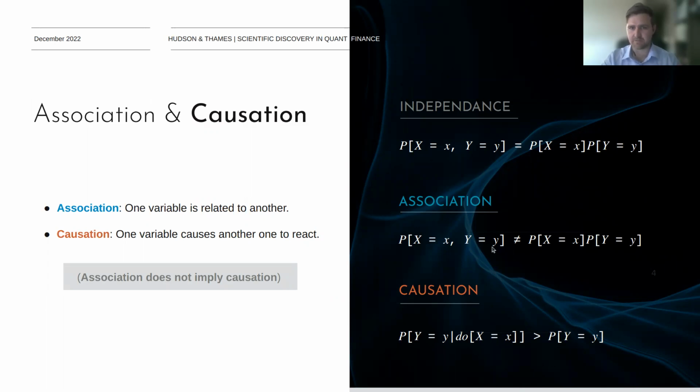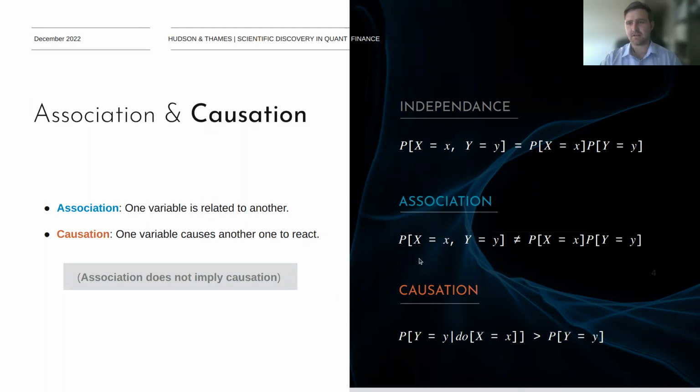That's the mathematical dependence, and then you have independence if it is actually equal to each other. In causation, one variable causes another one to react. It's a function of the other variable.